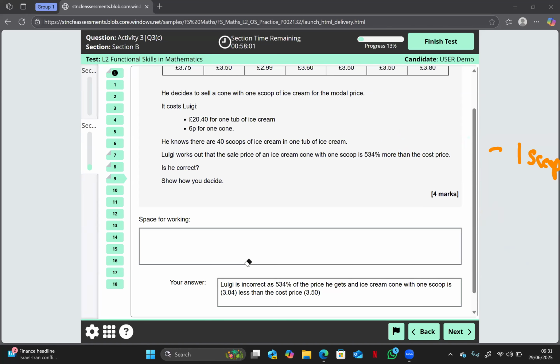57 pence. So I'll write it on the screen with one scoop.